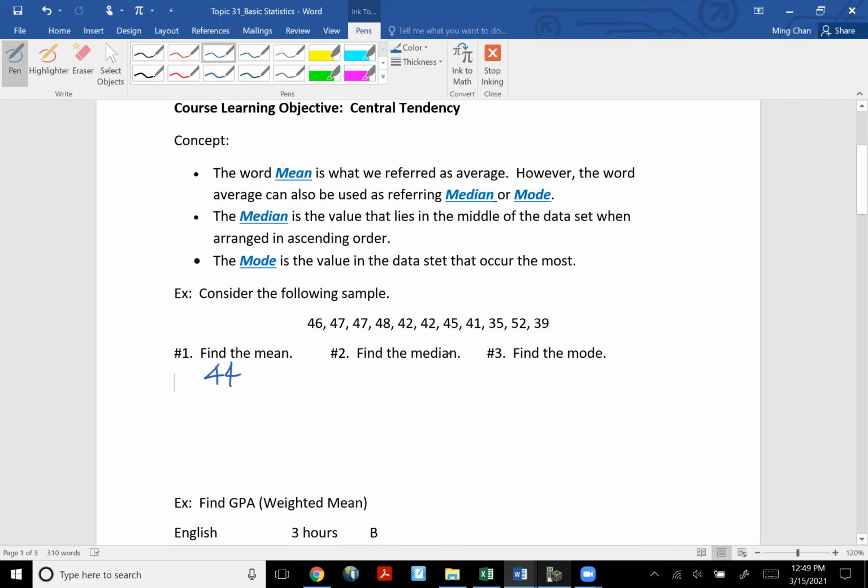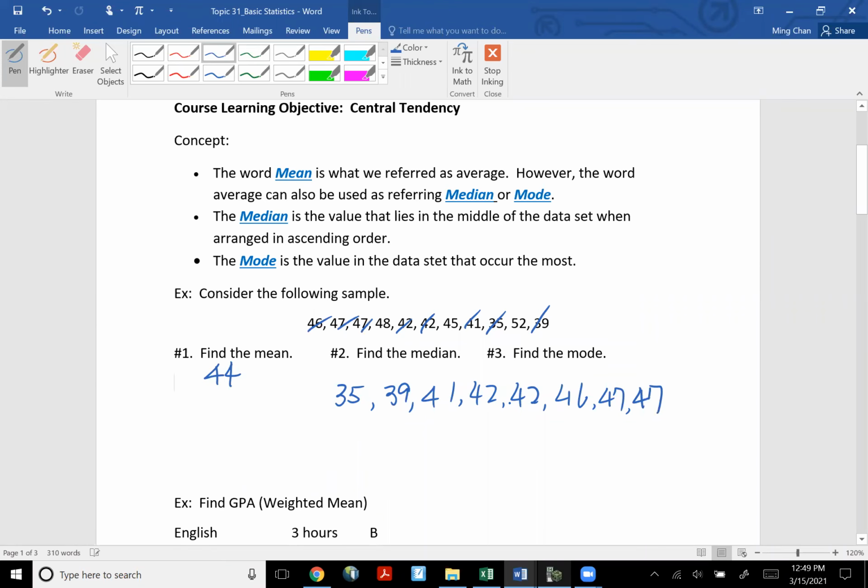Median. To find the median, we have to rearrange this data from the smallest to the largest. So the smallest number is 35, so I'm going to write it down right here. The next one, 39, 41, 42 occurred twice, 46, 47 twice, 48.